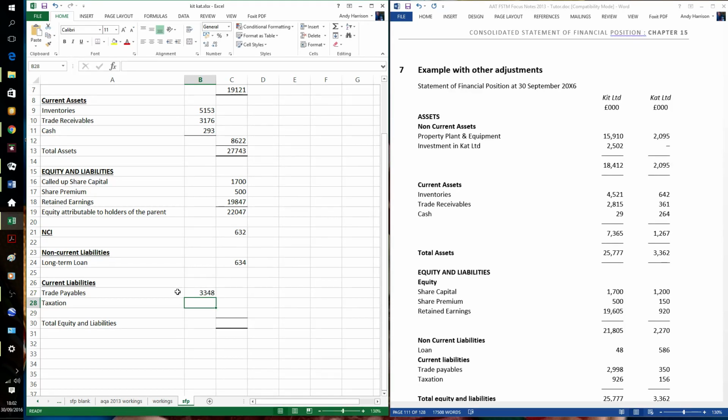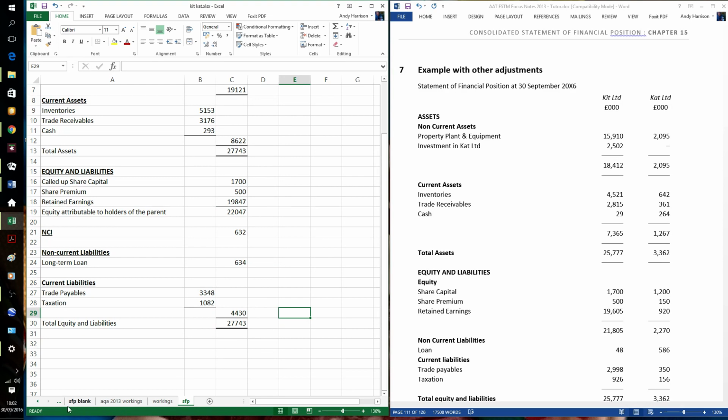And the taxation, companies are taxed separately, so there's no reason to do an intercompany transaction adjustment unless it tells you something in the notes. So 1082, those two added together, 4430, and hopefully when we add the equity, it will come to 27743, and there we are.